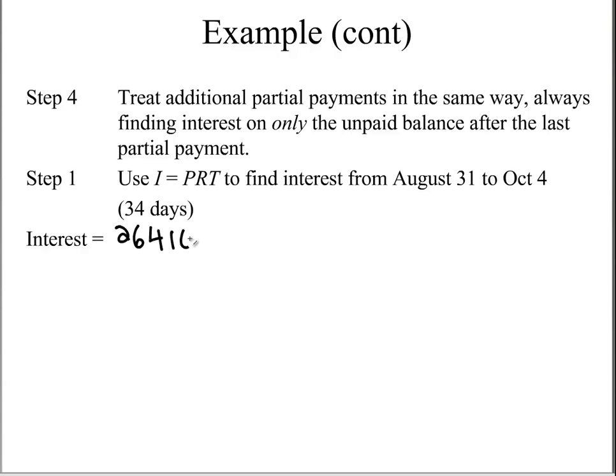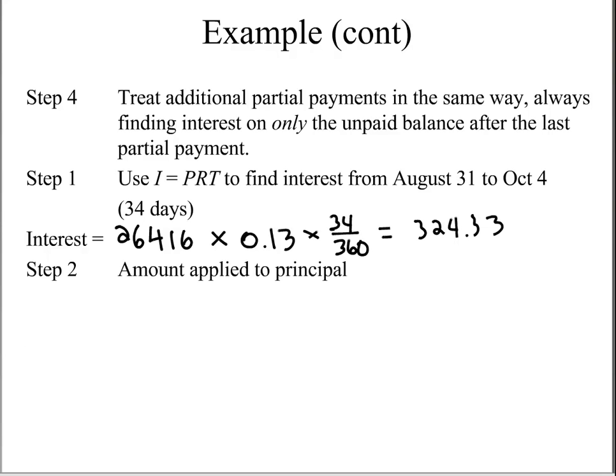My last balance is $26,416. I multiply that by the interest rate of 0.13, and then by 34 over 360. What I get is $324.33. This is how much interest I owe.